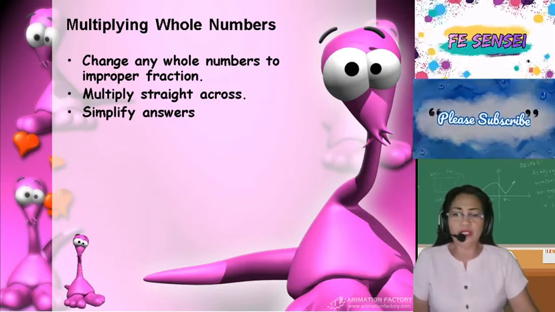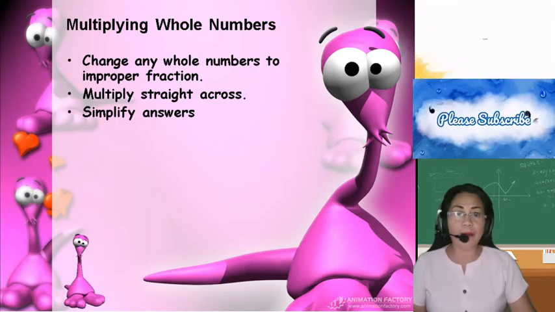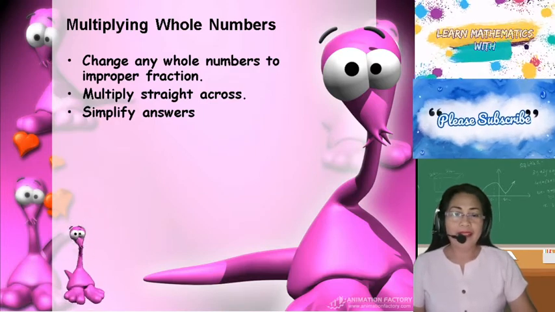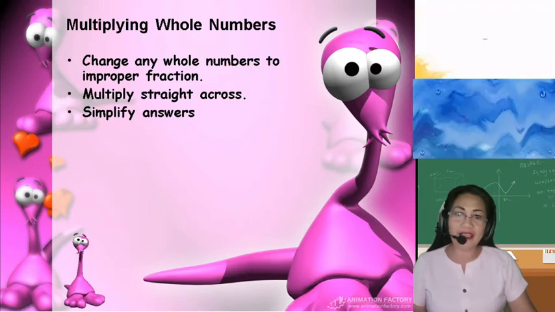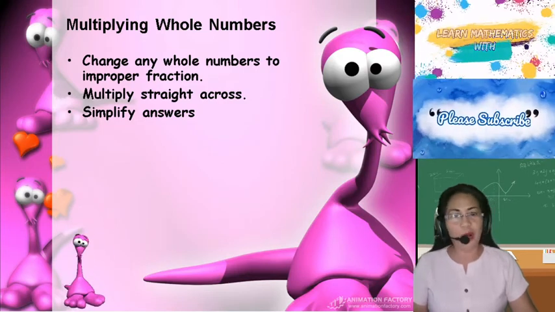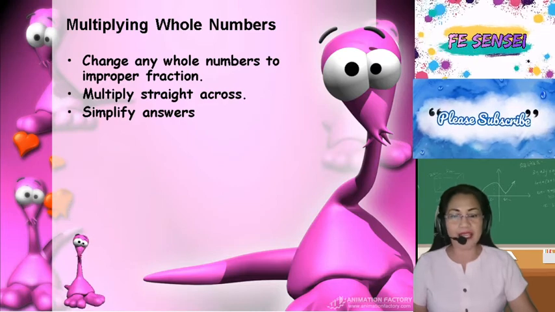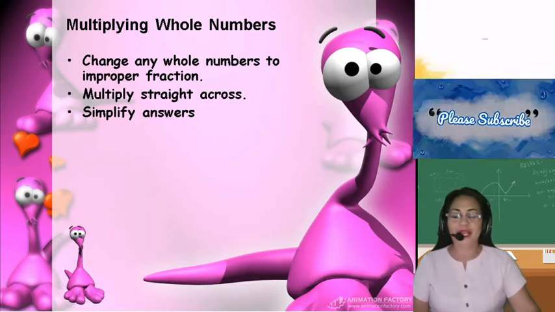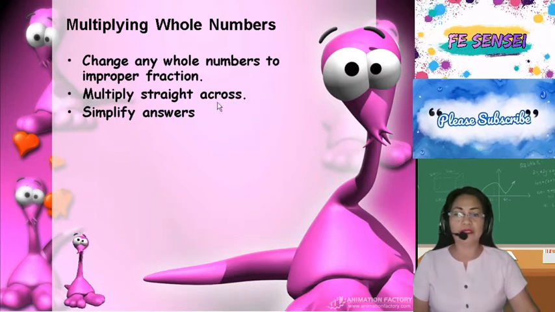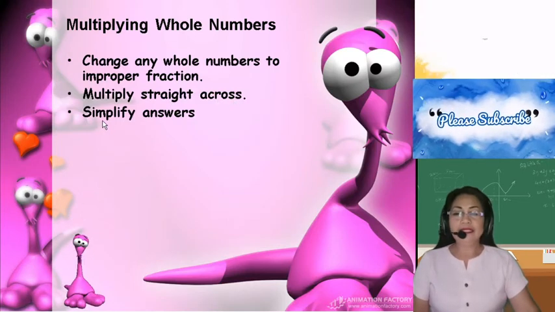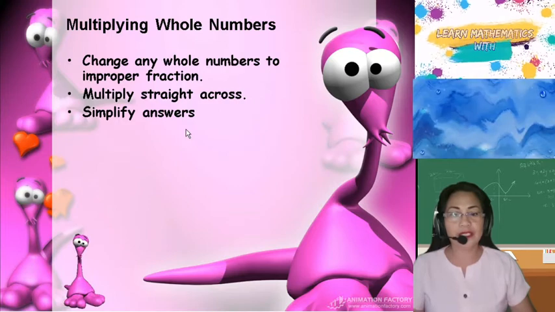How to change whole numbers to improper fractions? Just simply write a denominator 1 under the whole number and it becomes an improper fraction. Then multiply straight across. Then simplify the answers.